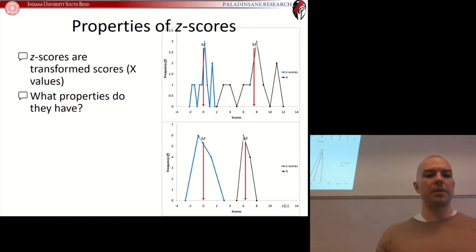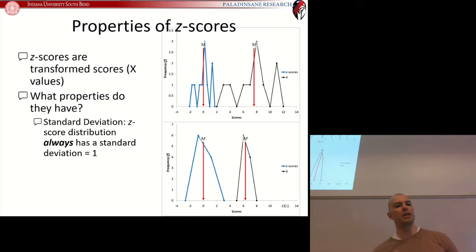And then the other big property that they have is that the standard deviation for a z-score distribution is always equal to 1. And that is because you are basically dividing out the standard deviation from all of these deviations. So you're like rescaling it, and mathematically it ends up that it's a standard deviation of 1.